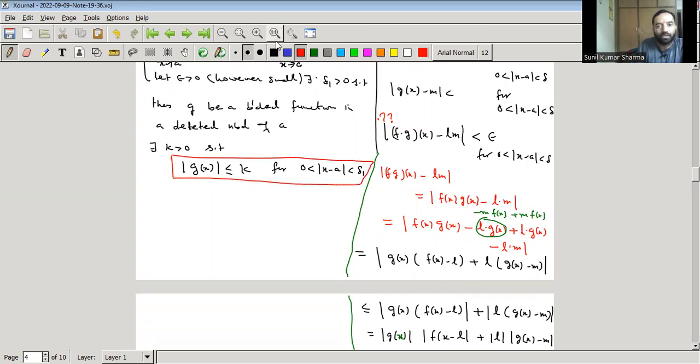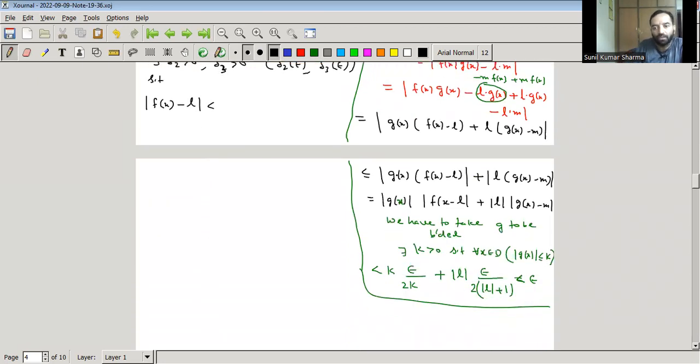Second, since limit x goes to a f of x equal to l, since epsilon greater than 0 is given, there exist delta 2 greater than 0 and delta 3 greater than 0, both depending upon epsilon, such that mod of f of x minus l, what do we have to choose?